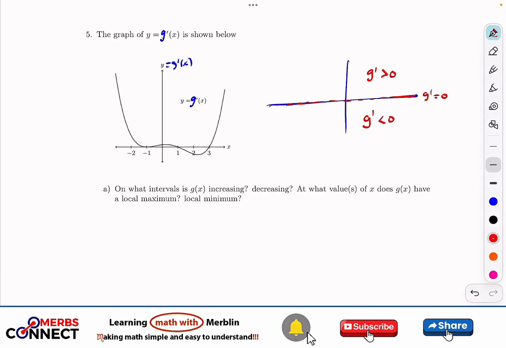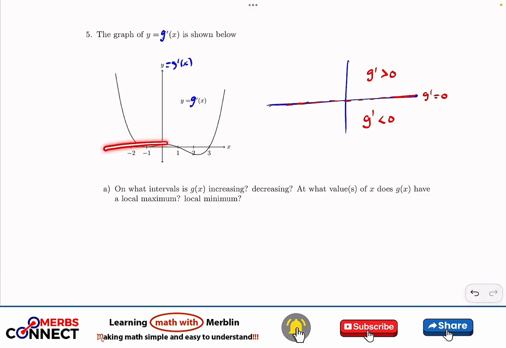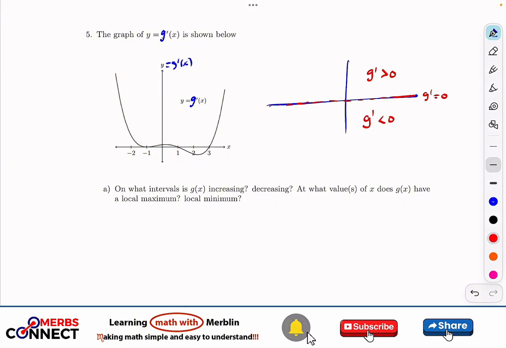It means that for the graph that we have, anything above this line is basically increasing because it's greater than 0. So let me just use the blue line to show you. This up to this is increasing, and this is also increasing because it's above the x-axis.